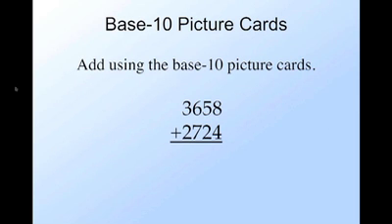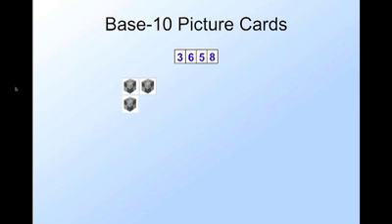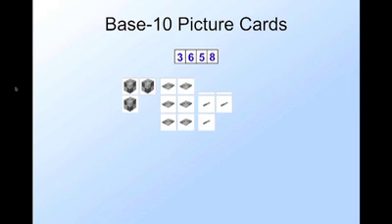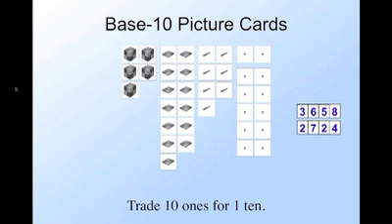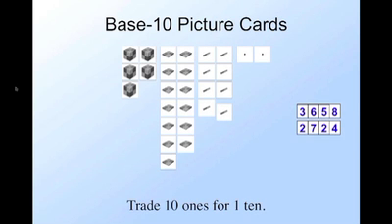So let's add using the base 10 picture cards. I'm going to start with 3,000, 600, 5-10, 8. See how that math way of saying the numbers is so helpful? All right, let's do the next one: 2,700, 2-10, 4. I'm going to add them all together. And now I'm going to trade the 10 ones for 1 ten.